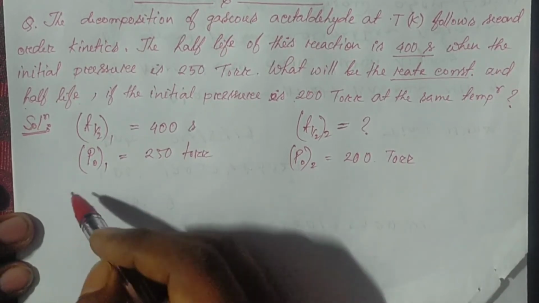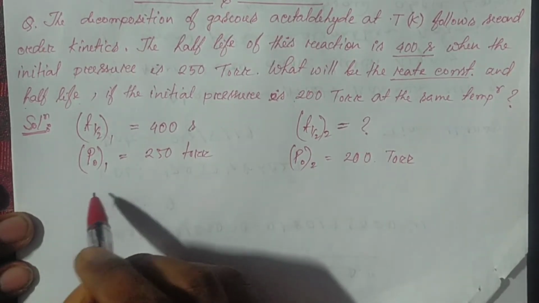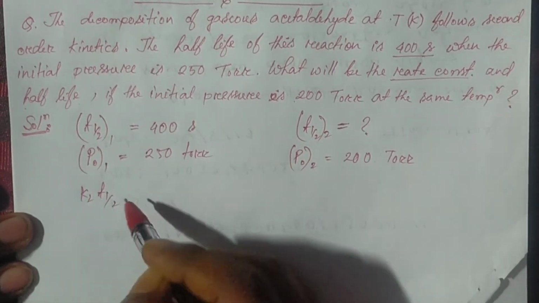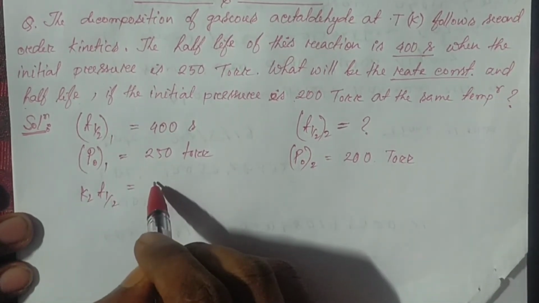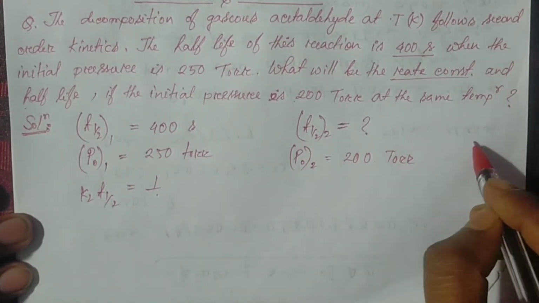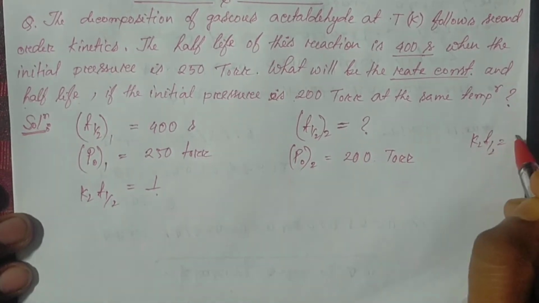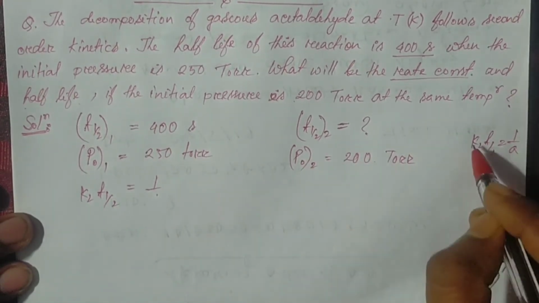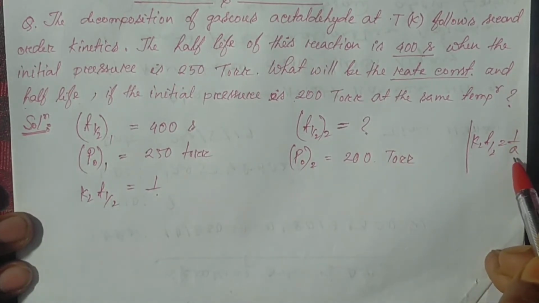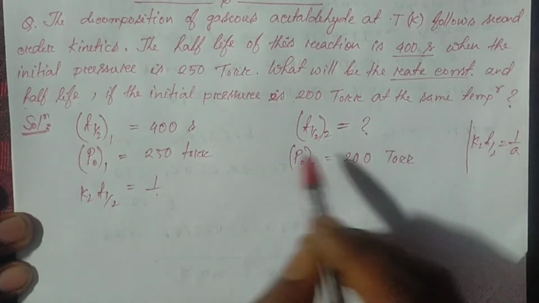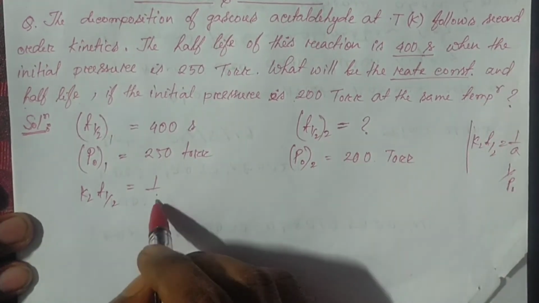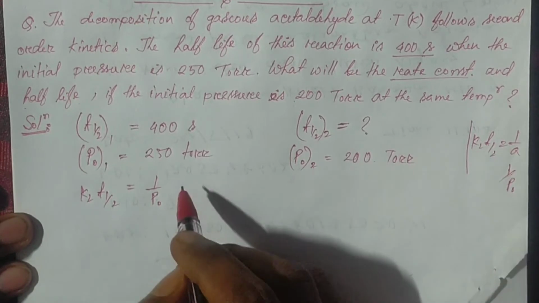As we know, for the equation of half-life, k2 t half is equal to 1 by a, but in this case they are not giving us the amount of reactant, they are giving us the initial pressure. So instead of a it will be p naught.